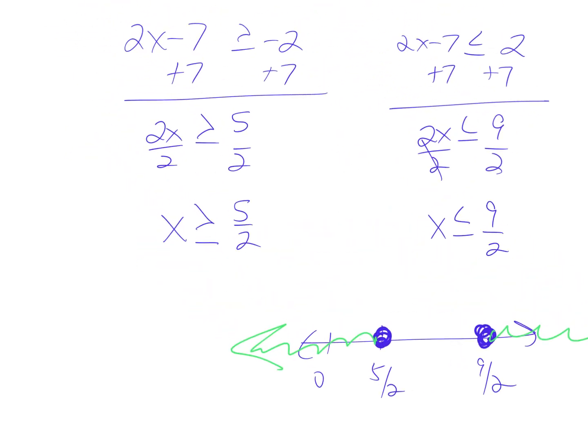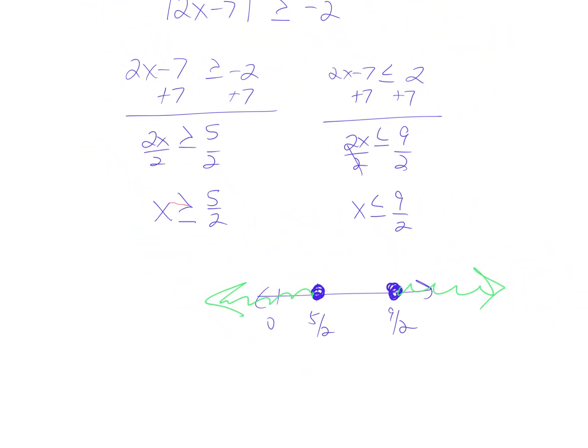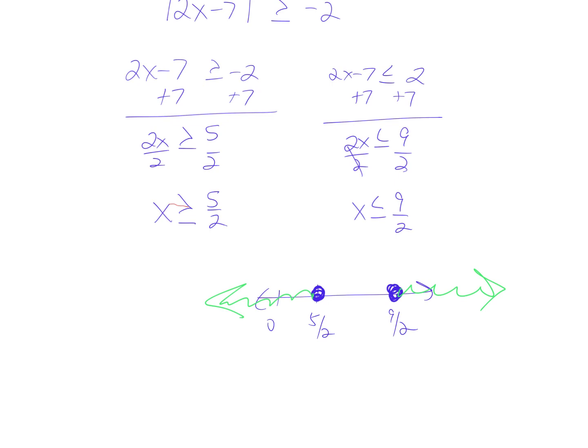Where should I be coloring from 5 over 2? It's saying to the right. Okay. Where should I be coloring from 9 over 2? It's saying to the left. Do you guys see what your solution is? All of them. It's saying I can use everything.